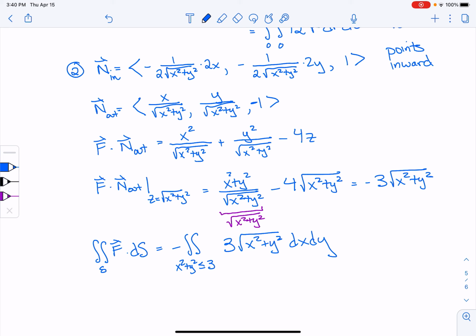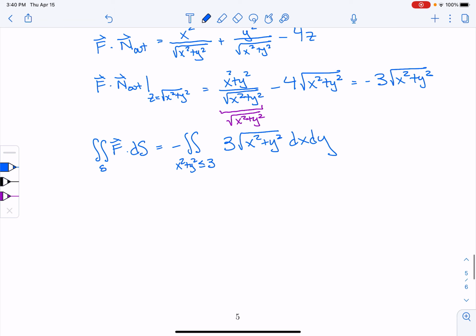So hopefully at this point you will be able to see that the best way to describe this is in terms of polar coordinates.